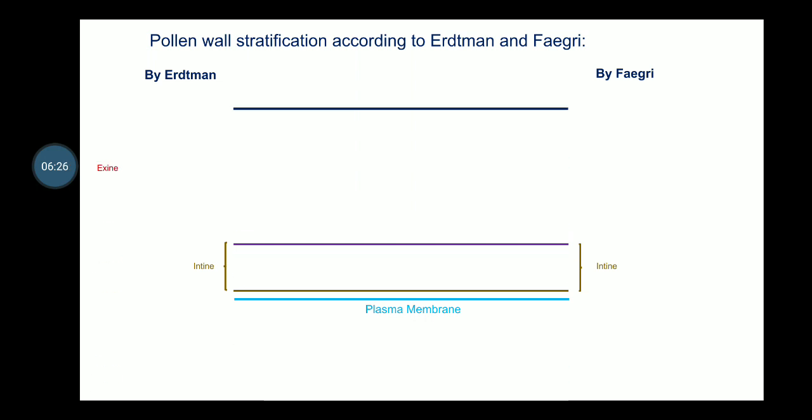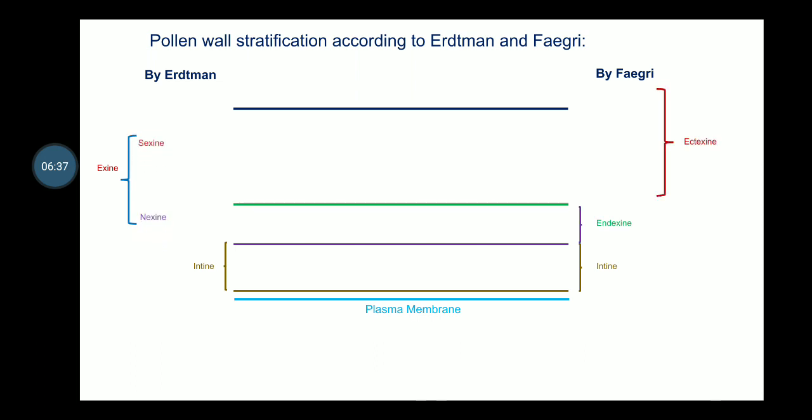Next to that there is a thick exine layer, and this name was given by the scientist Erdtman, and he also said that the exine layer is divided into sexine and nexine, while Faegri said that there is an exine layer which is divided into two layers, that is ectexine and endexine.